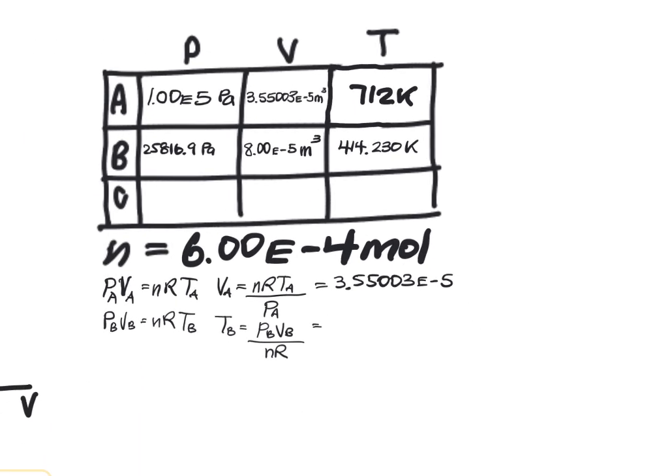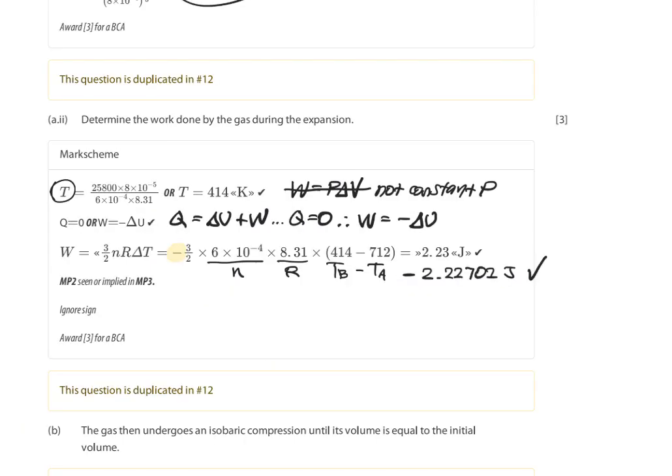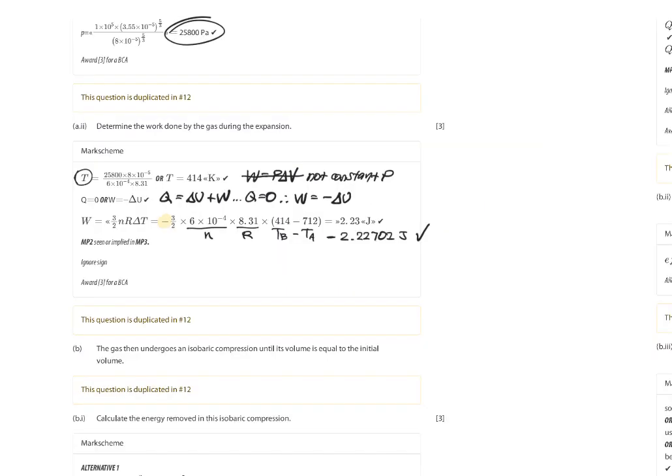Okay, so when we do PV equals nRT for B, we get a temperature at B of 414.230 K. And there is our work, negative 2.22702, which rounds to 2.23 joules. Then we have isobaric compression until its volume is equal to the initial volume.